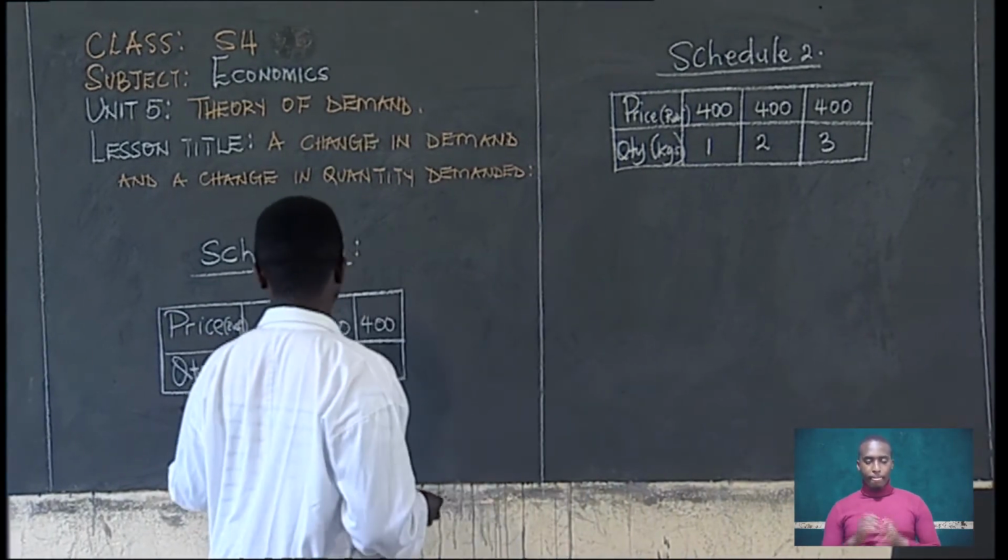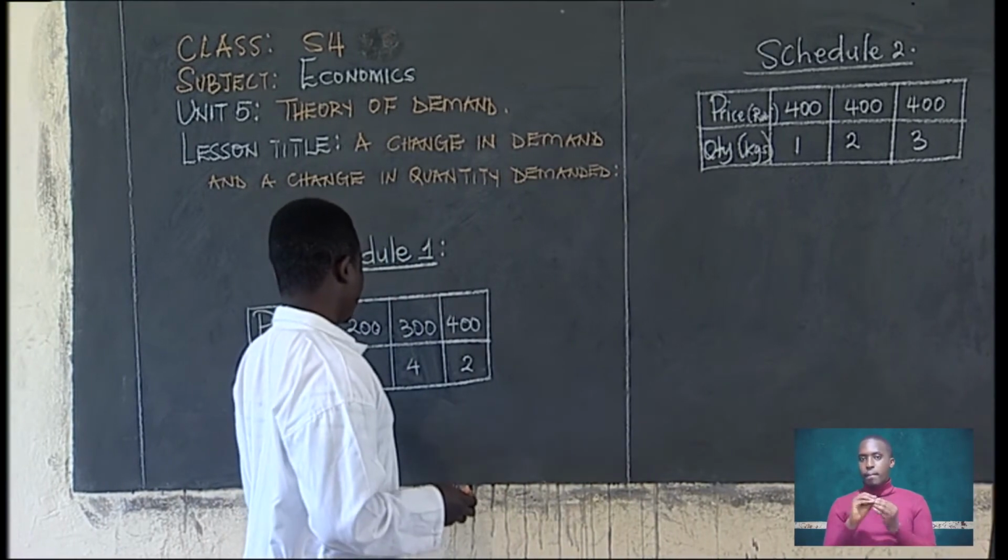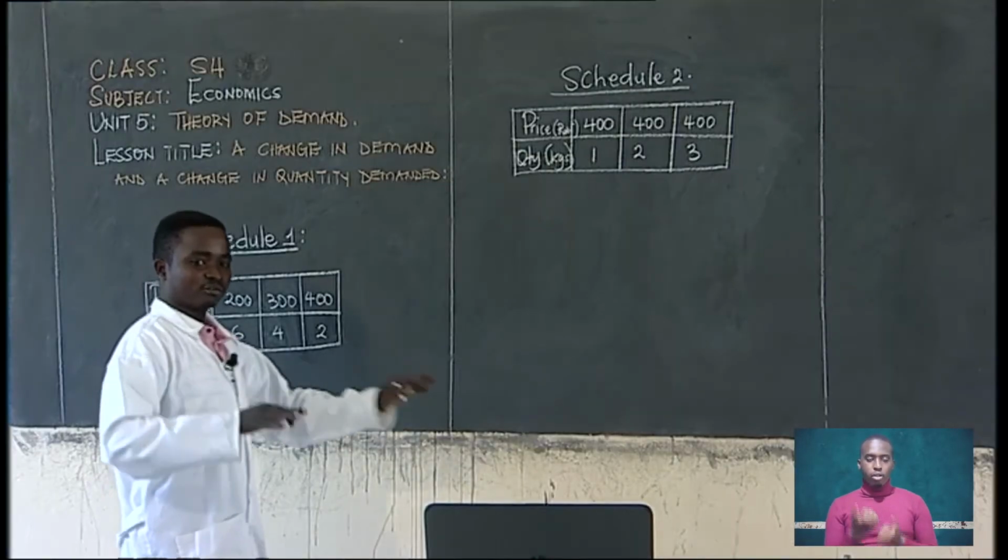So for example, from this schedule number 1, how can we look at that? We shall see the movement along the demand curve.